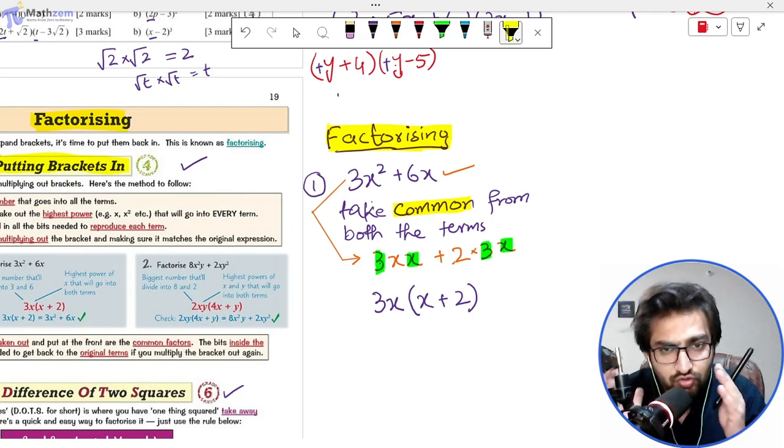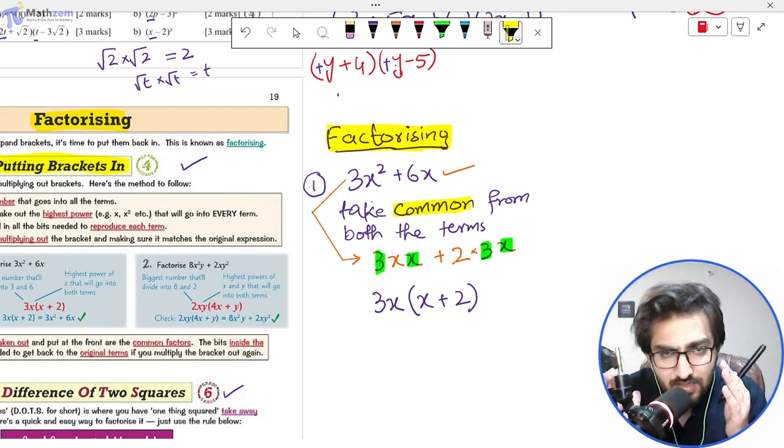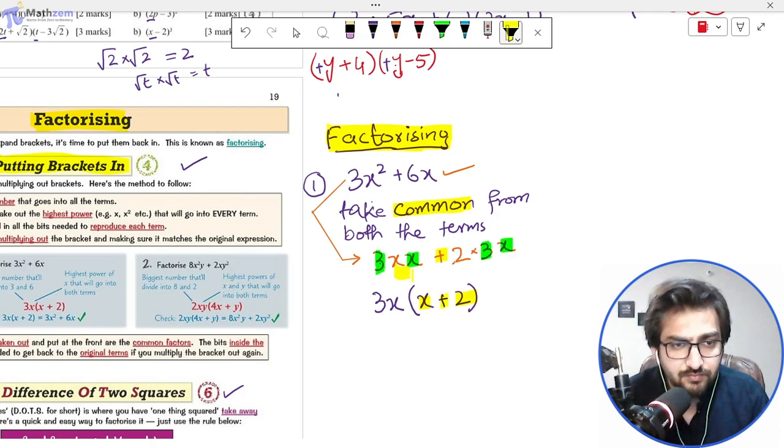So 3x is common in both of them. Take that out of the bracket and then write what is left. x is left, so I have written that here, and 2 is left, so I have written that 2 here. Remember, you need to keep the sign as it is, plus.